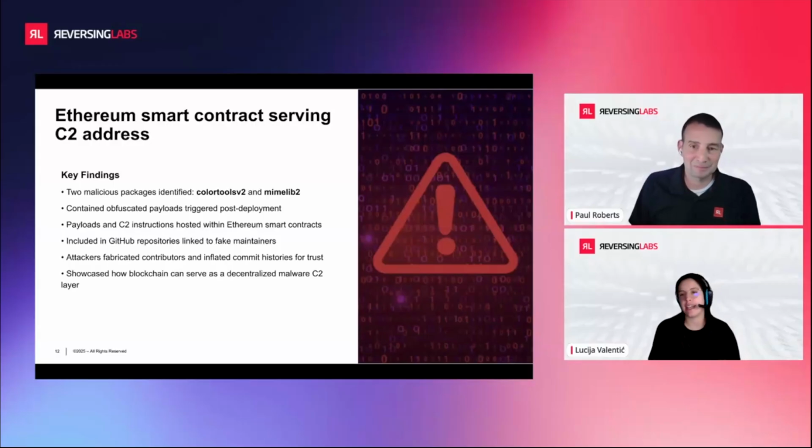There were a few maintainers that were just pumping numbers every day. They were adding license, deleting license, adding license, deleting license. And there was only one maintainer that pushed legitimate commits that would include these malicious NPM packages.